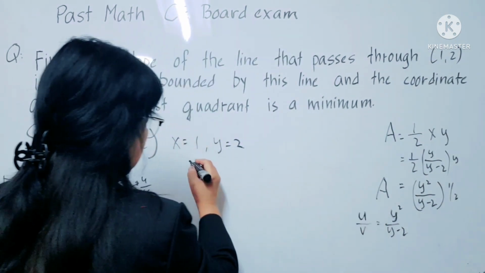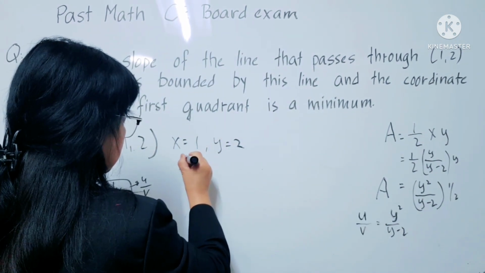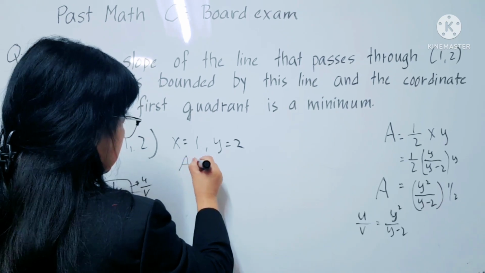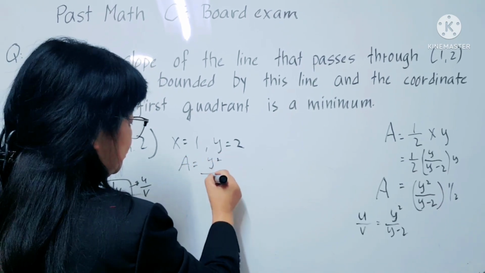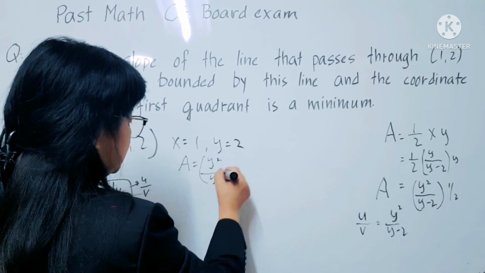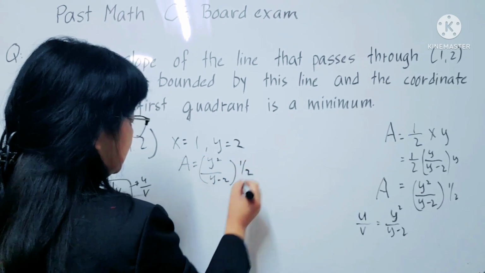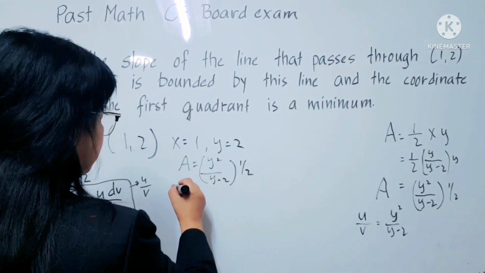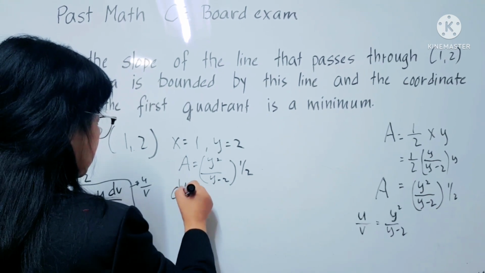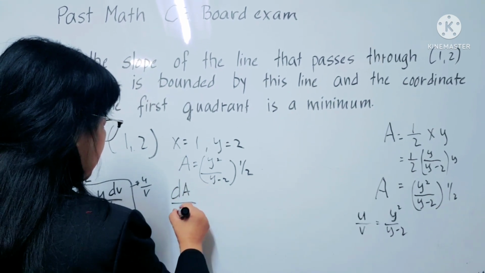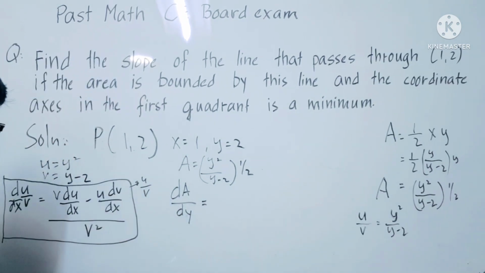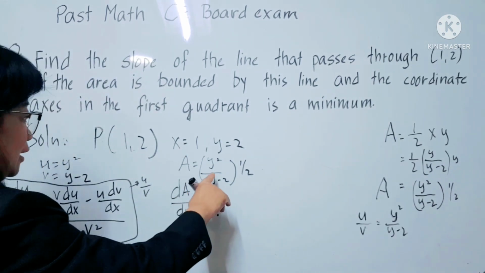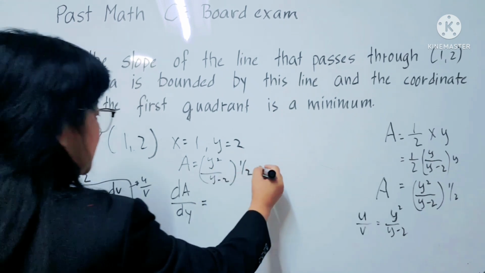So from this, the area, which is equal to y squared over y minus 2 multiplied by 1/2, if we take the derivative of area with respect to y, will be equal to, what is our v here?